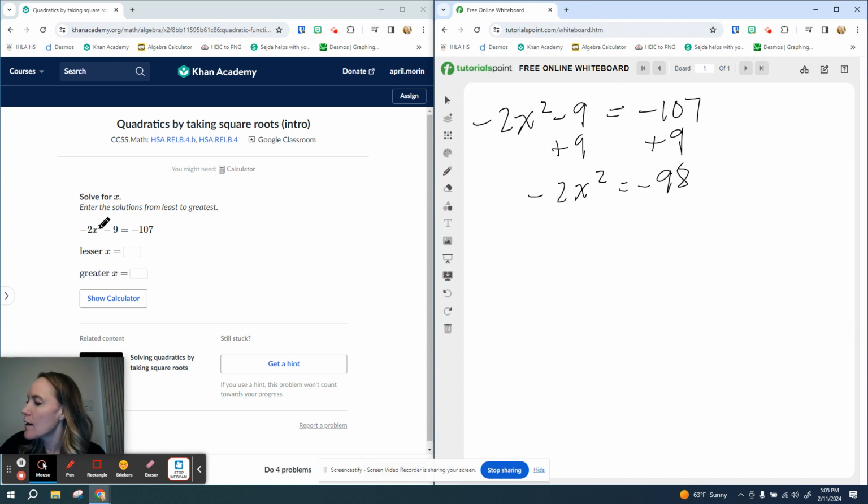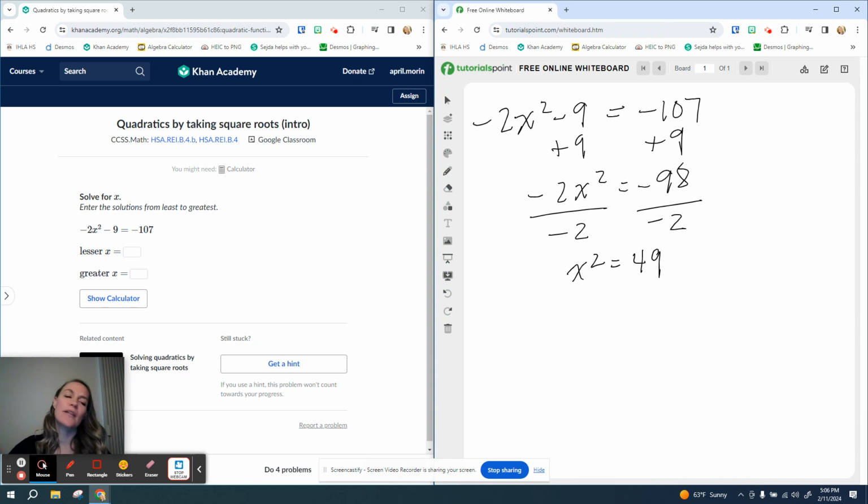And then I need to divide by negative 2. So I have x squared equals, a negative divided by negative is a positive, 98 is even. So if it were 90 and I divide by 2, that gives me 45. Then I have 8 left over. 8 divided by 2 is 4. So 45 add 4 is 49.